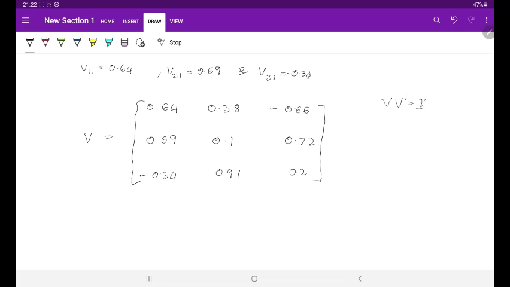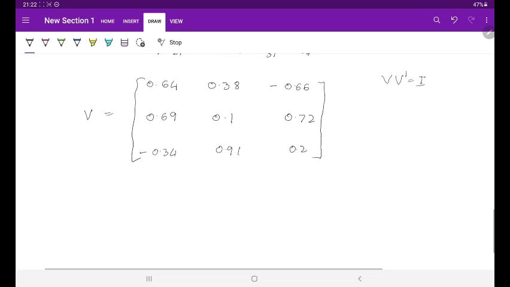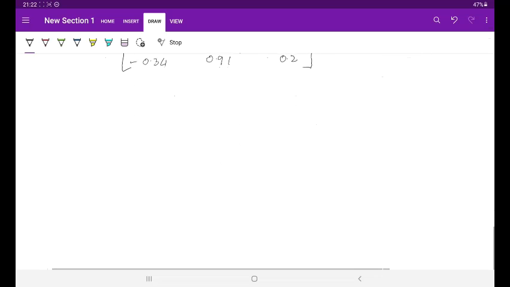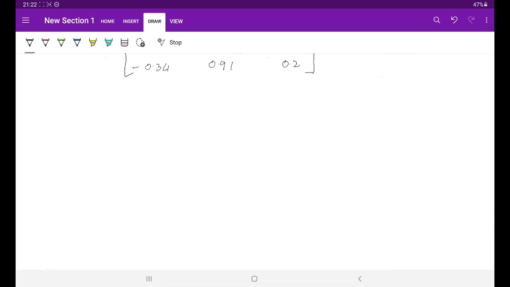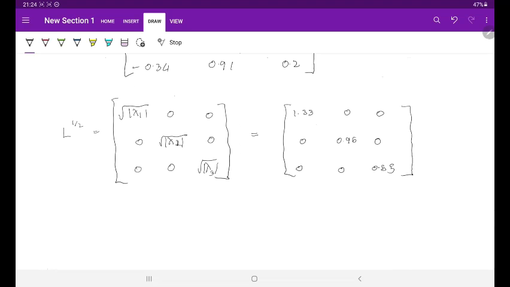Now we need to find L1 by 2, where L1 by 2 is the root of the eigenvalues of R. That is, L1 by 2 is the root of the mode of each eigenvalue lambda 1, lambda 2 and lambda 3.